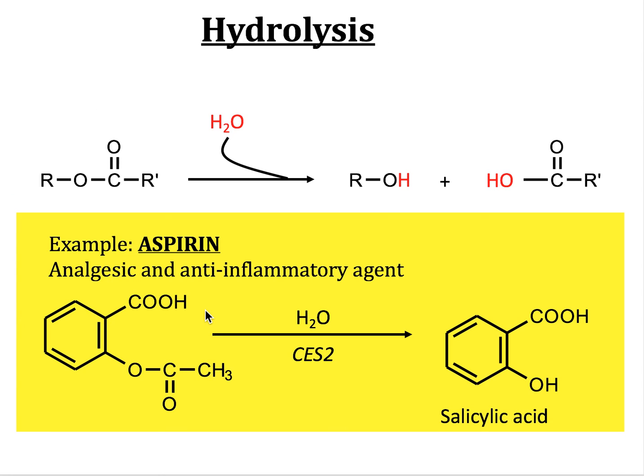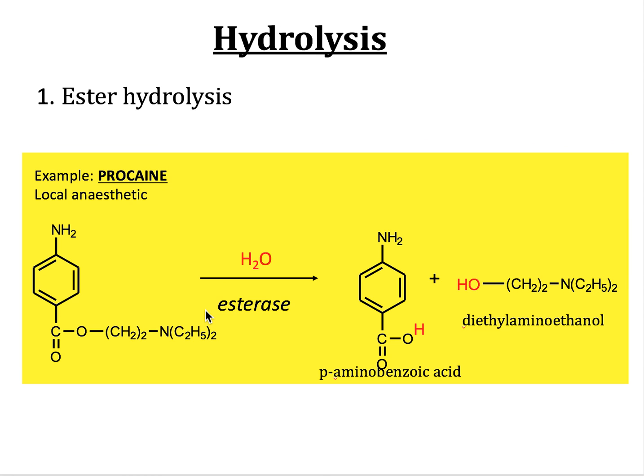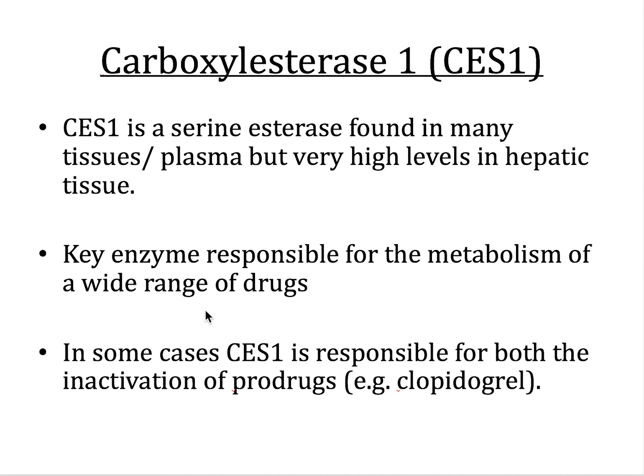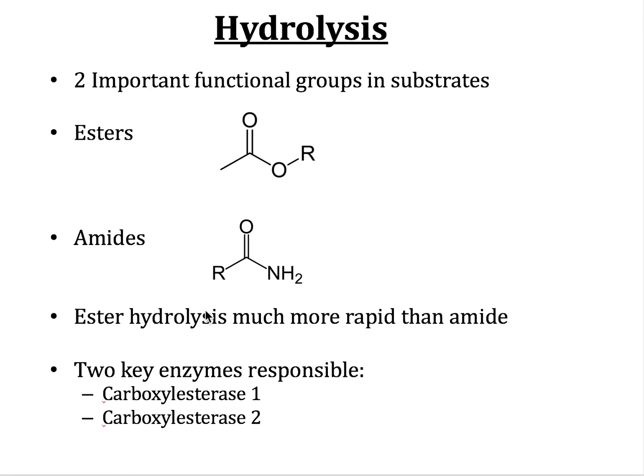Aspirin is usually broken down by CES2 as well into salicylic acid, and the byproduct is usually a carboxylic acid. Procaine is probably broken down by CES2 as well. Now, carboxylesterase 1 is mainly found in the hepatic tissue, whereas hydrolysis reactions usually take place in the cytosol.